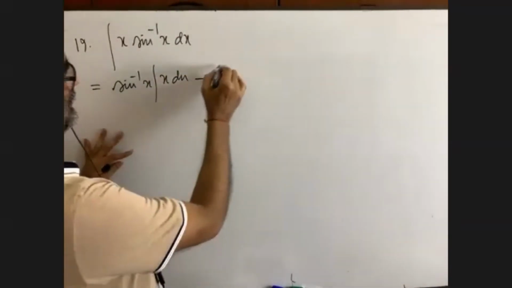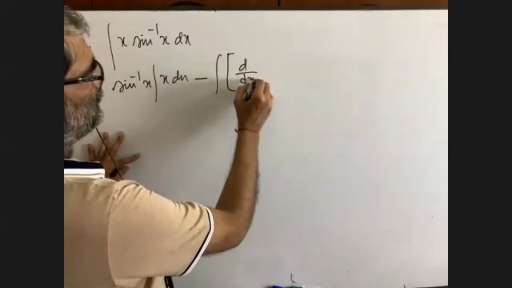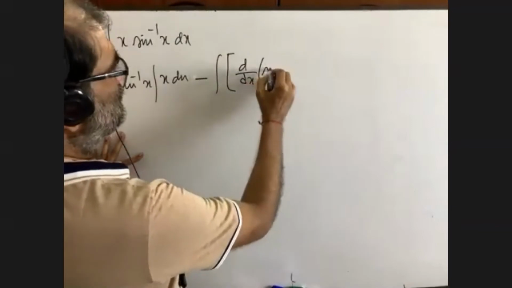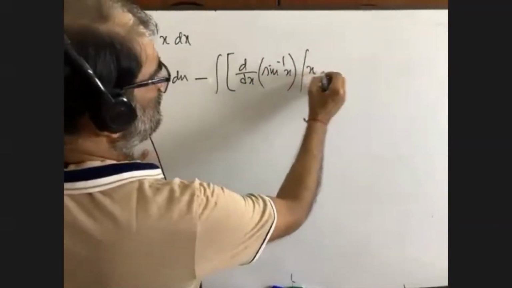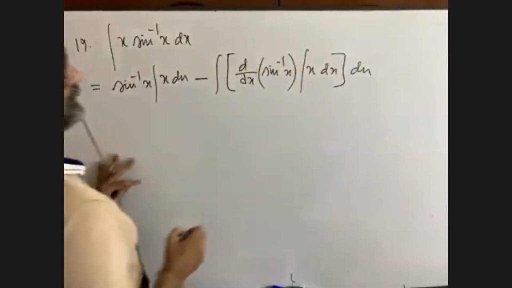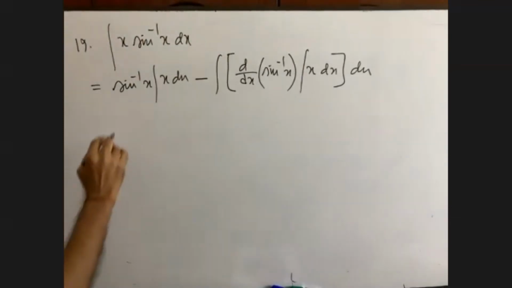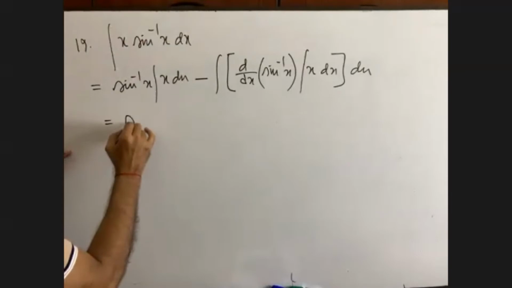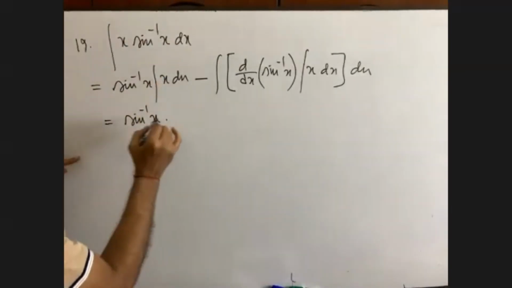Minus integration sign d by dx sin inverse x, then integration x dx, third bracket close, then it is also dx. Okay, that means, let me know, x, its integration is what?